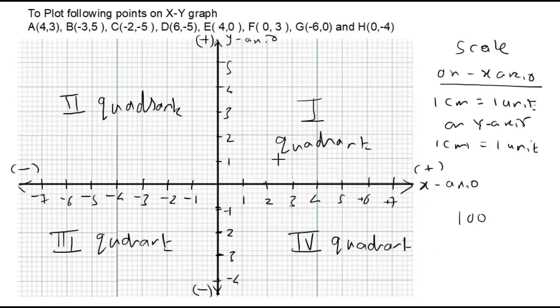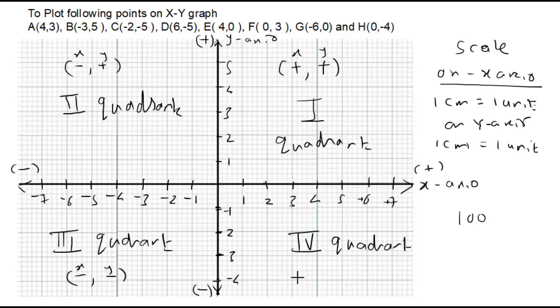In the first quadrant, X is positive and Y is also positive. X and Y both are positive. In the second quadrant, X is negative, Y is positive. In the third quadrant, X is negative, Y is also negative. Both are negative.